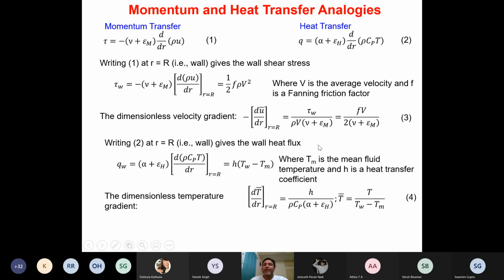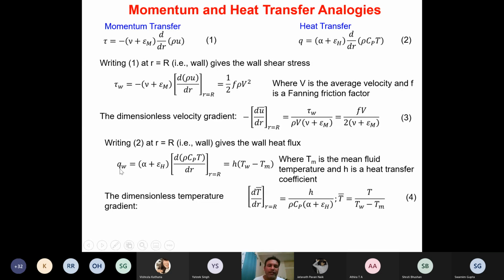A similar equation we can write again for the heat transfer problem. In a heat transfer problem, similar to the momentum transfer problem, we are finding out the dimensionless temperature gradient. So let us look at equation number 2. This equation number 2 is first written for the heat flux at the wall.